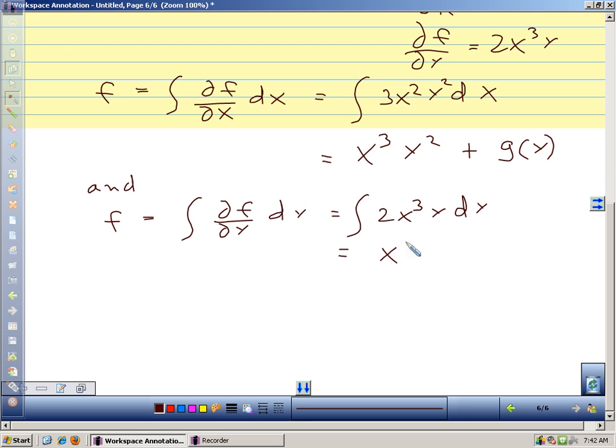We get x cubed y squared. And our constant of integration can be a function of x. Now when we take the partial of x cubed y squared with respect to x, what do we get?